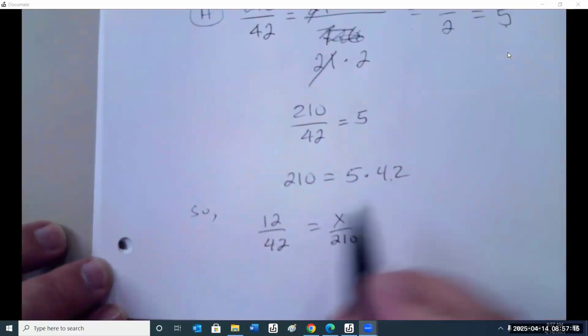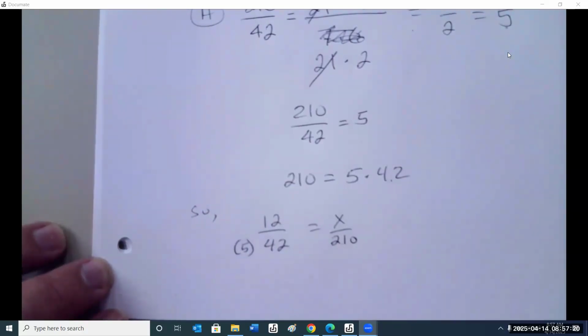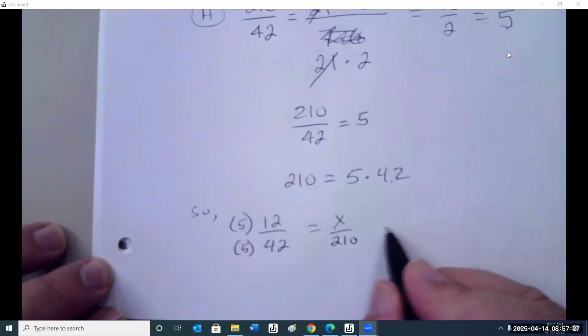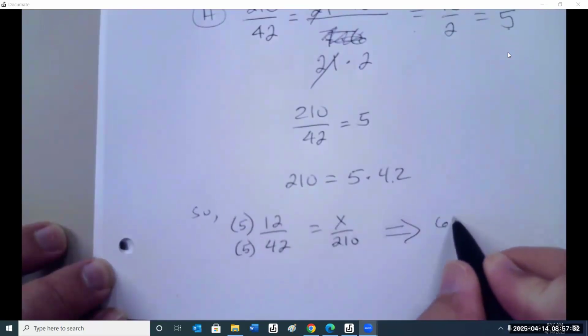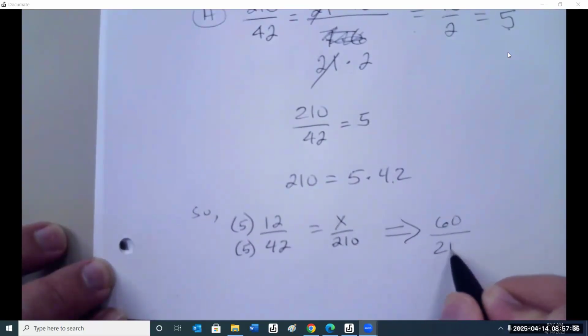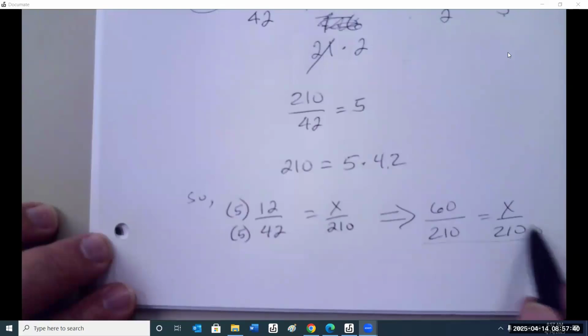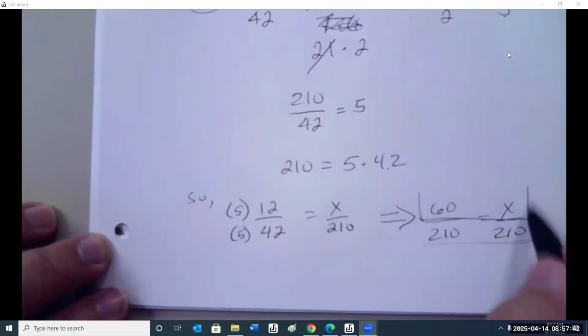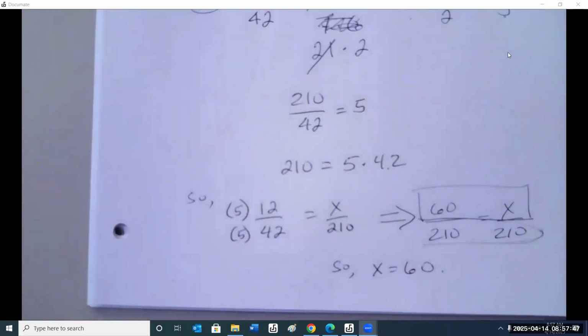If we take 42 and multiply it by 5, we get 210. So whatever we do on the bottom, we have to do on top. This gives us 5 times 12, which is 60, over 210 equals x over 210. Whenever the bottom numbers are the same, your answer is whatever's on the top. So x is equal to 60. That's one way you could do it.